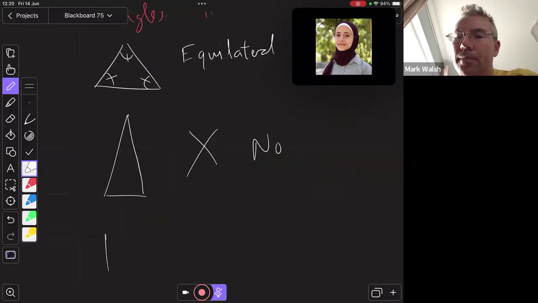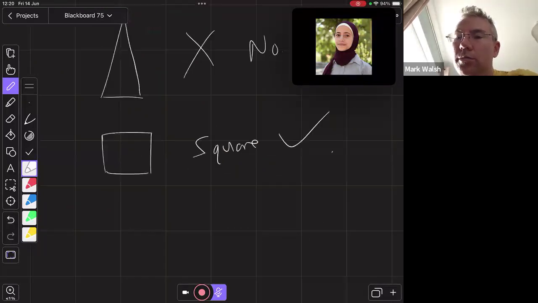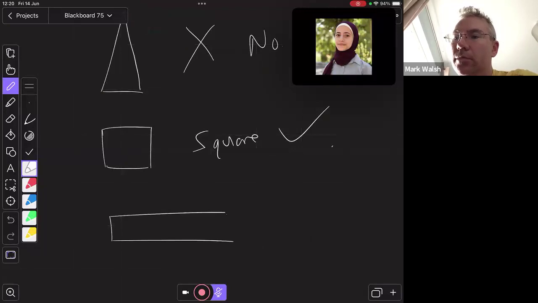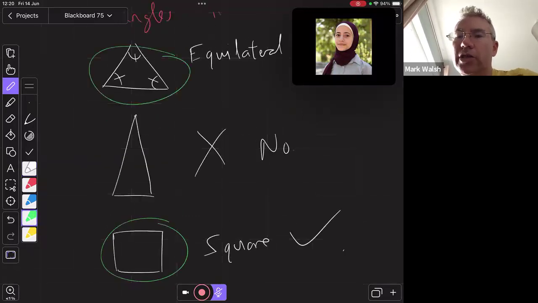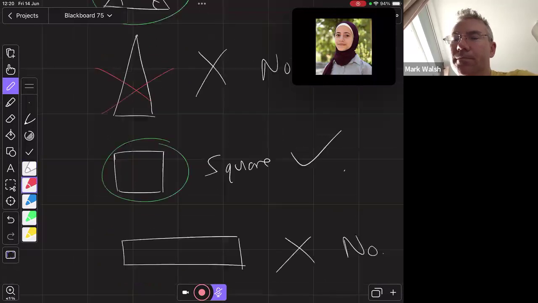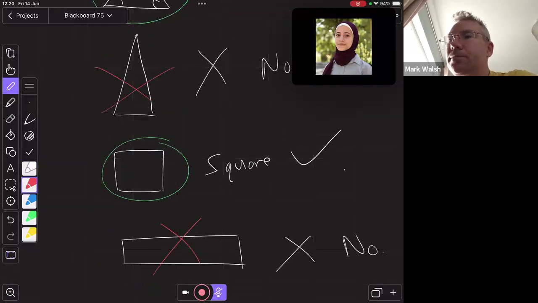A square, yes, that works. But something like that, no. Does that make sense? So this is regular. This is regular. These guys are not. Everyone happy with that?